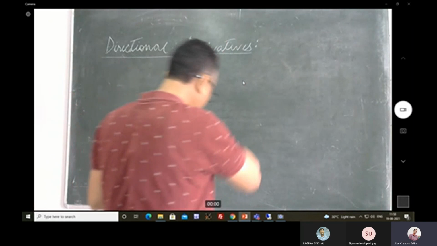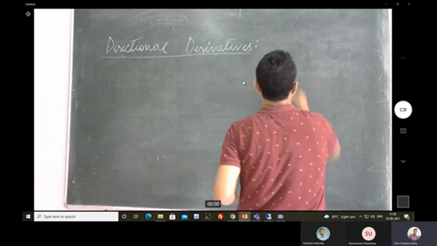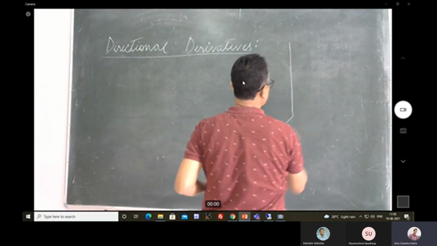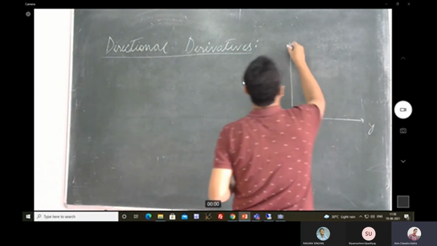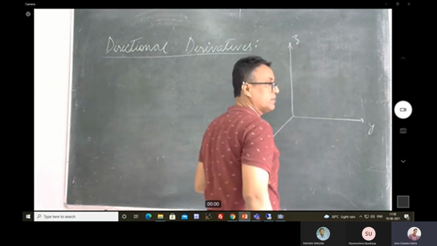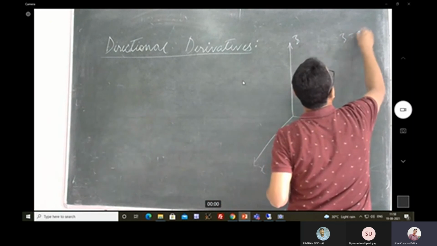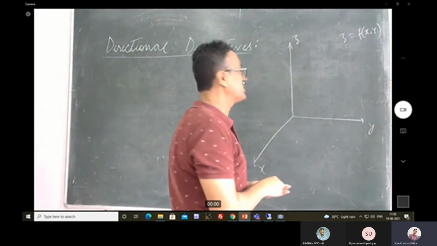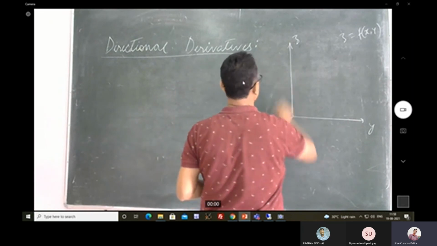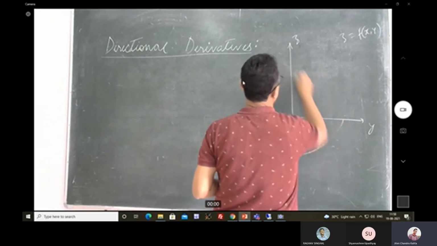Now, if you recall what we did earlier, I was considering a function of two variables, and I consider the graph of the function. For simplicity, let us consider the graph of the function only in the first octant.